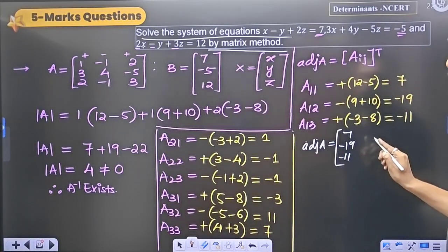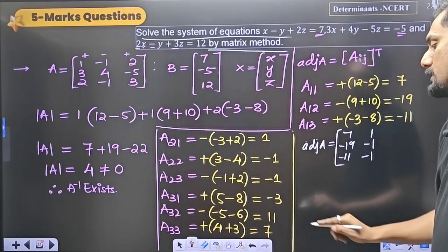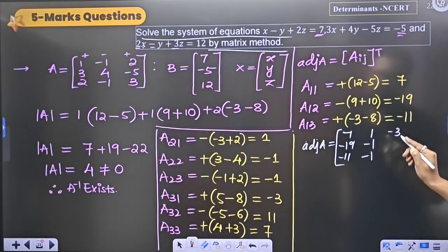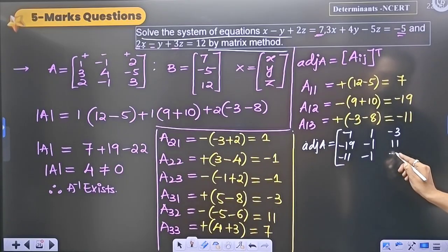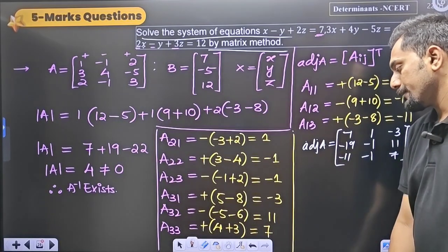Next, 1, minus 1, minus 1 and this minus 3, 11 and 7. This is the adjoint of A.